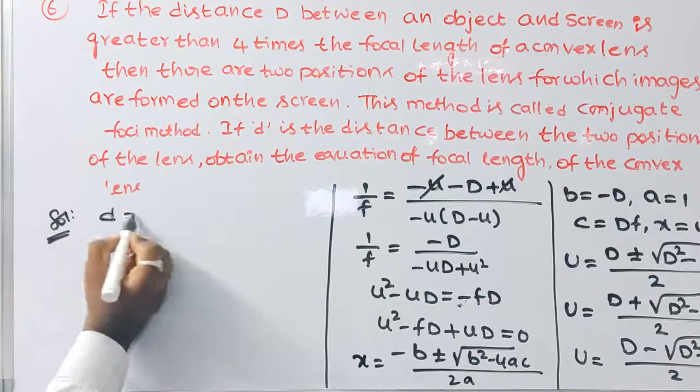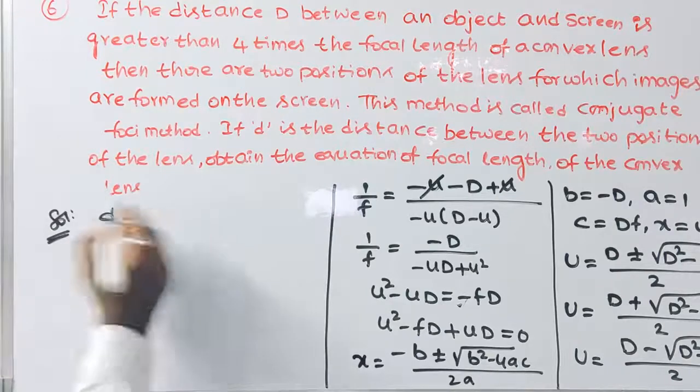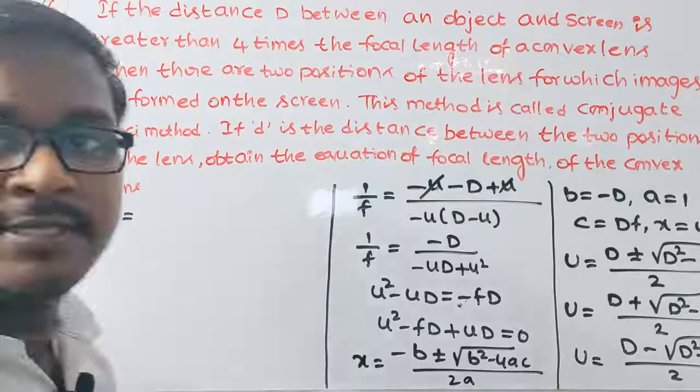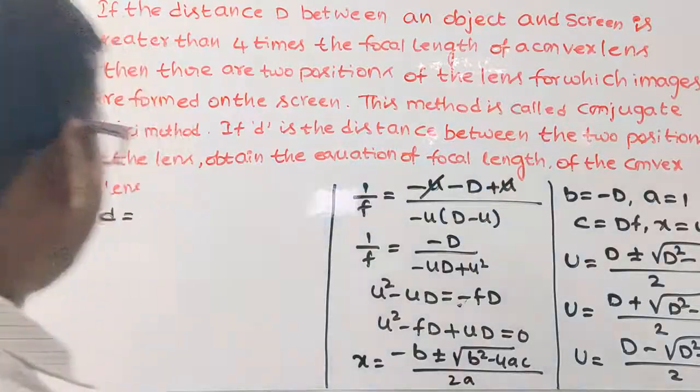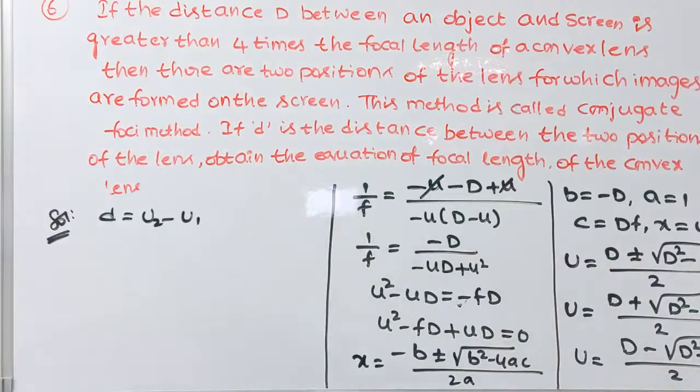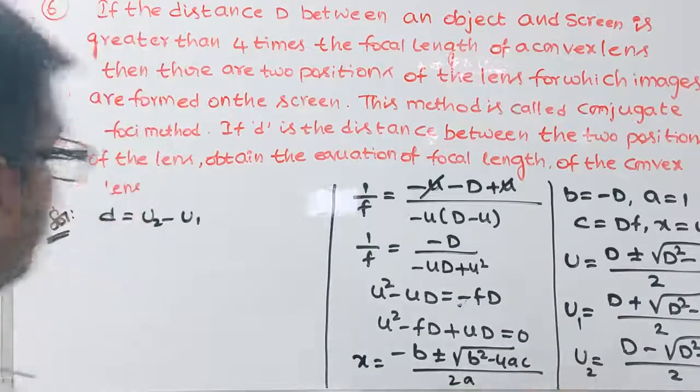Next, d is equal to the distance between the two positions of the lens. The first one is u2 minus u1. Here this is u1, this is u2.